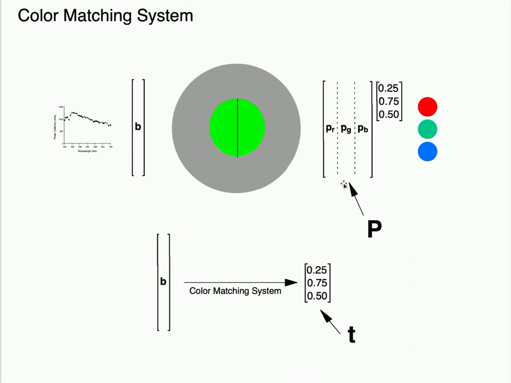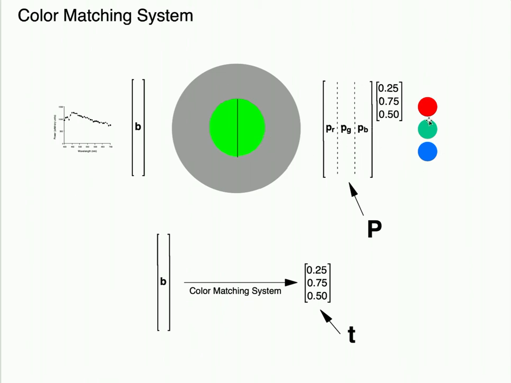So each column of this matrix can be thought of as a spectrum, and we just stack them together there in a matrix. And then what we've said is that if we adjust the intensities of each of the three primaries correctly relative to their maximum value, so here I've put in hypothetically 0.25, 0.75, and 0.5, it's scaling the red primary by 0.25, the green by 0.75, and the blue by 0.5, and then mixing them.